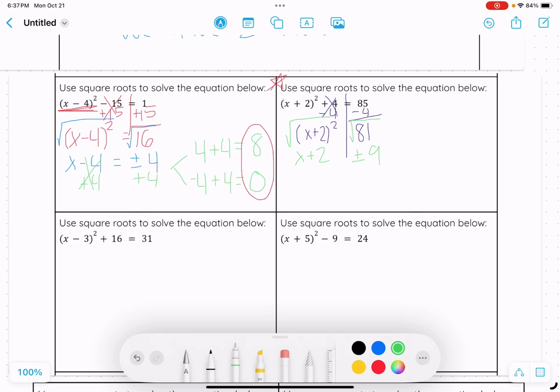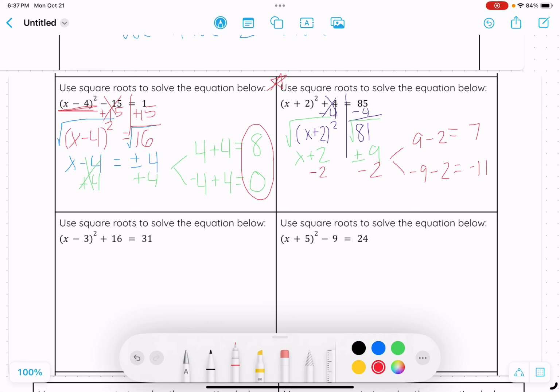Now we're going to subtract 2 from both sides. And this is where we're going to break off into our two answers. So we have positive 9 minus 2 and negative 9 minus 2. So our answers are going to end up being 9 minus 2, which is 7, and negative 9 minus 2, which is negative 11.